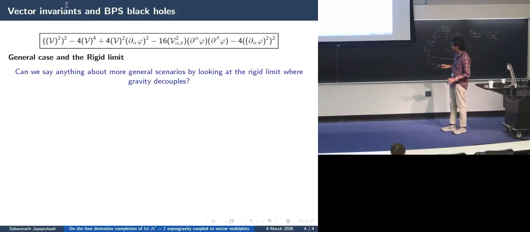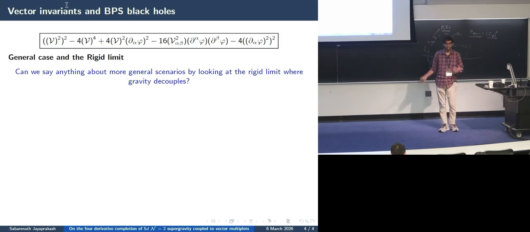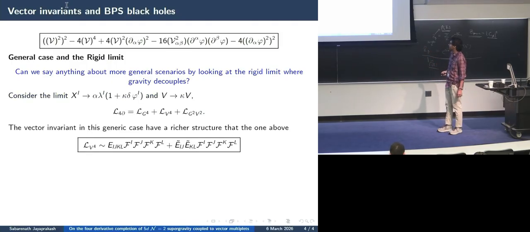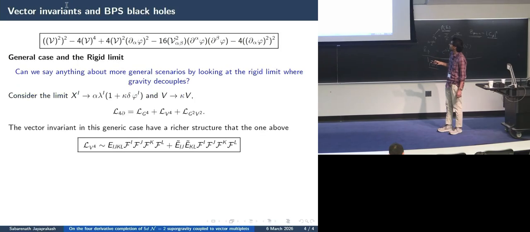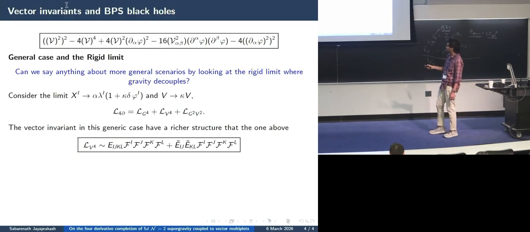So we could ask a much more general question: can we go to a rigid limit where we turn off gravity and extract just these vector multiplet invariants? We can. If we take this limit, here I'm doing it for the standard Weyl invariant, it turns out that we can separate it into a gravity-only piece, a vector-only piece, and a gravity-vector coupled piece. The vector invariant takes a schematic form that looks like this.